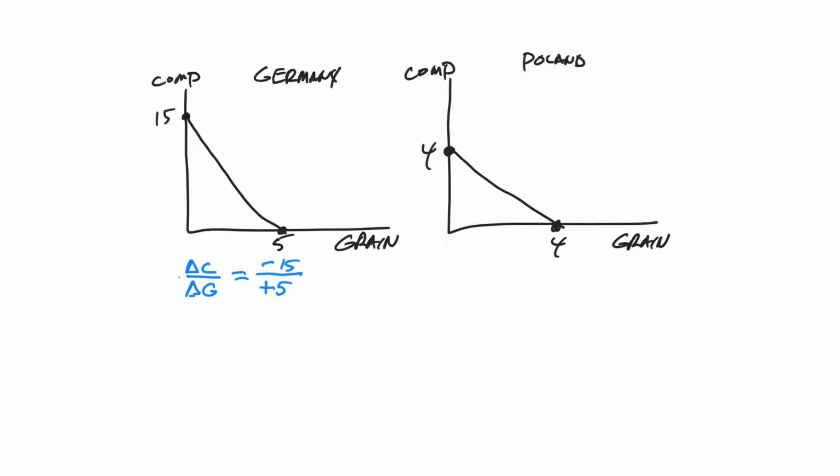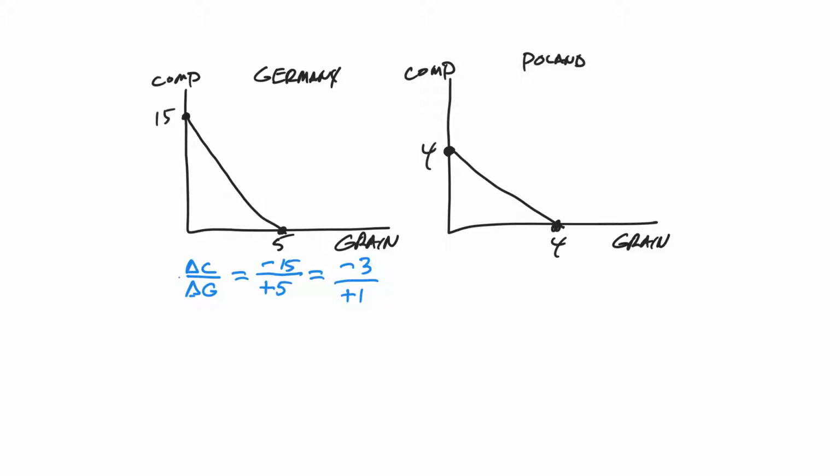So we know that 5 units of grain cost Germany 15 computers. But of course, we want to know what 1 unit of grain will cost. So we divide this through, the denominator becomes 1. We've got -15 divided by 5, which is -3. So 1 grain costs Germany 3 computers.